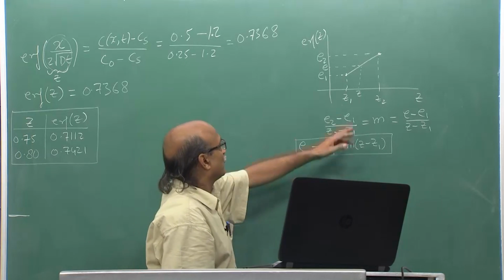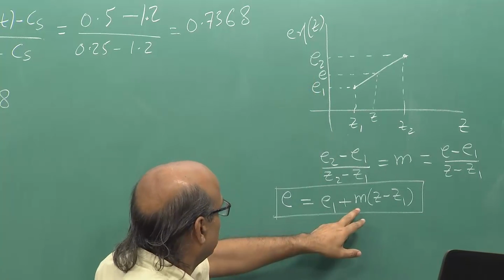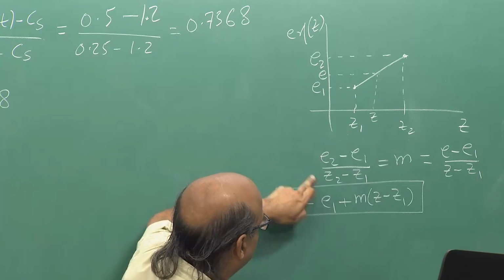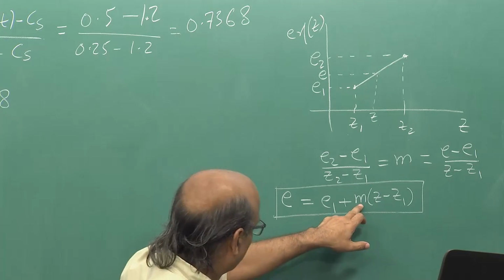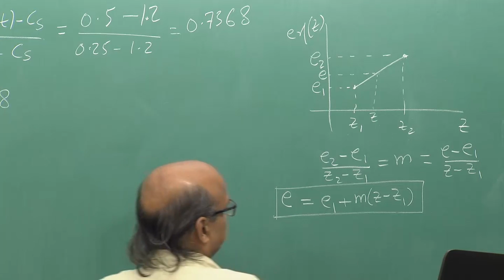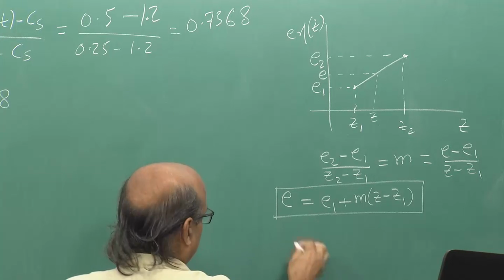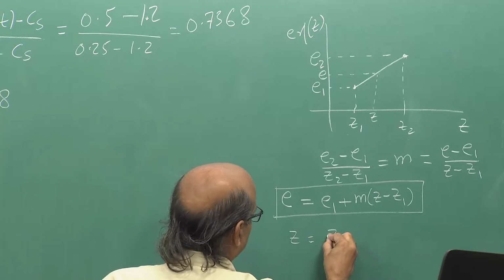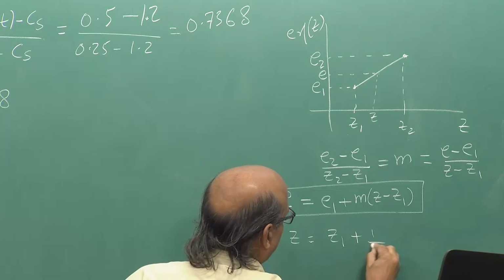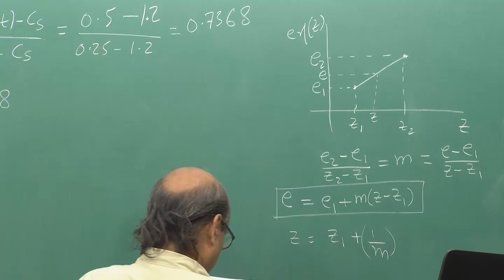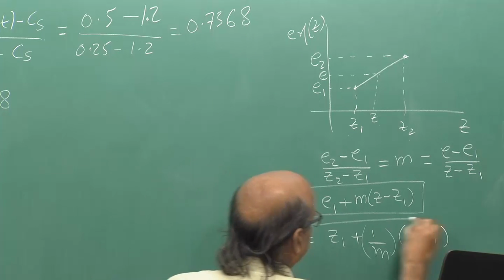So, if I want to find, at some z in between Z1 and Z2, what the error function value should be, I will first get the slope from here, put the values of E1, Z1 and the slope, and I will get E. Or I can also write for z, rearranging these terms, z is equal to Z1 plus 1 upon M times (E minus E1).